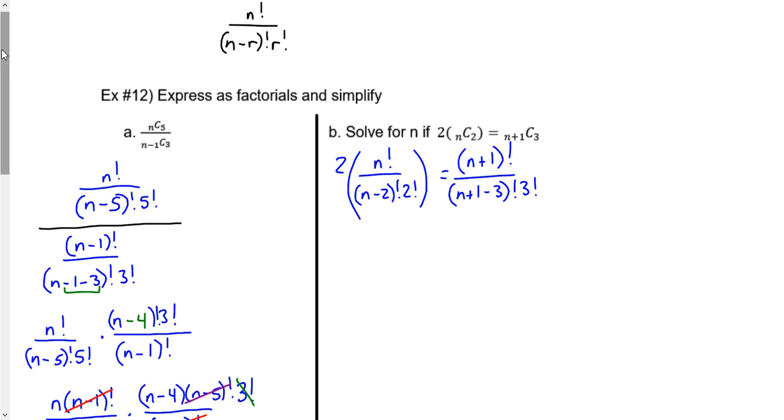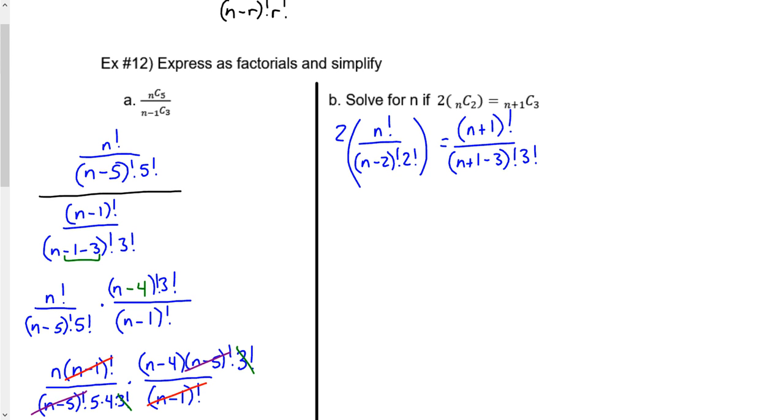Before we go into anything too intense, let's simplify what we can. The first I'm going to suggest is the fact that 2 is the same as 2 over 1. And 2 factorial is just 2 times 1, which really means a 2 in the numerator and 2 in the denominator cancel off, and that one's gone.